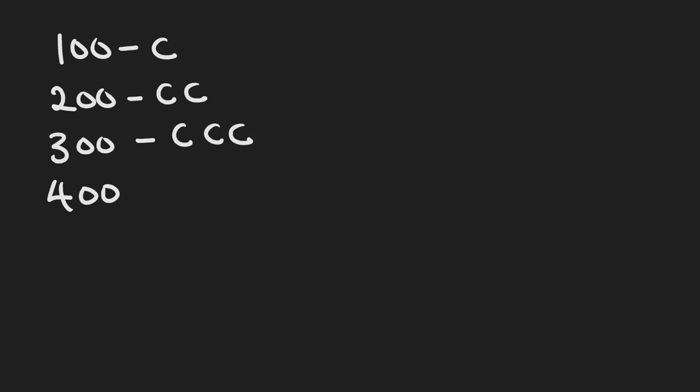Do you think 400 is going to be CCCC? Of course, it's going to be too much. So let's get 500 first. 500 in Roman numerals is usually written D. So if 500 is written D, using our secret that we've seen before, we're going to simply say 500 minus 100 will give us, of course, 400, right?